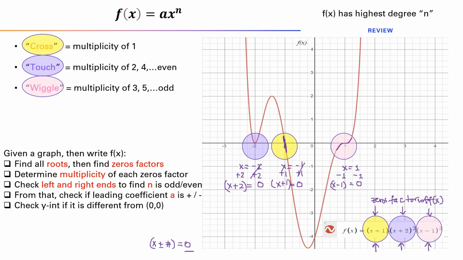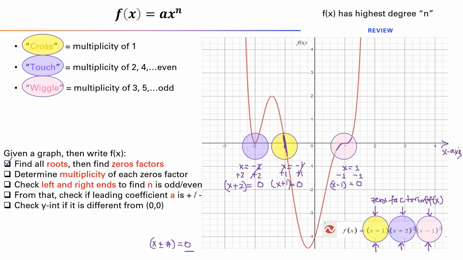Okay, so we're done with the first step. The second step, we determine the multiplicity of each zero factor by looking at how it crosses the x-axis. So for the yellow area, we have one line going straight across the x-axis, and here is the x-axis.